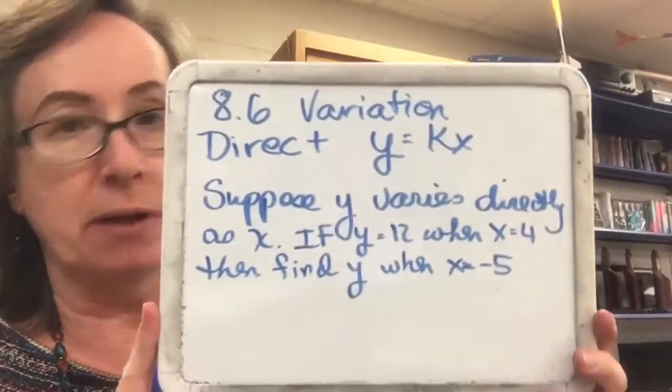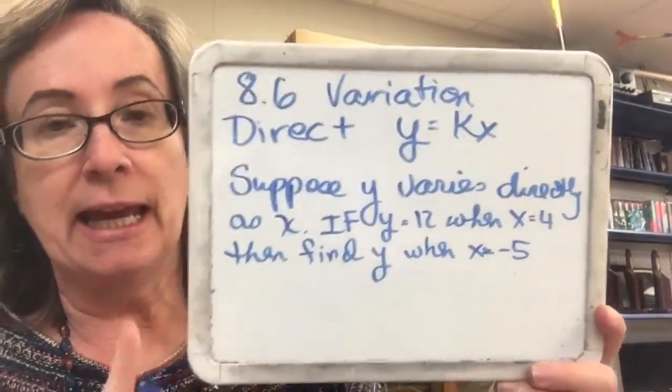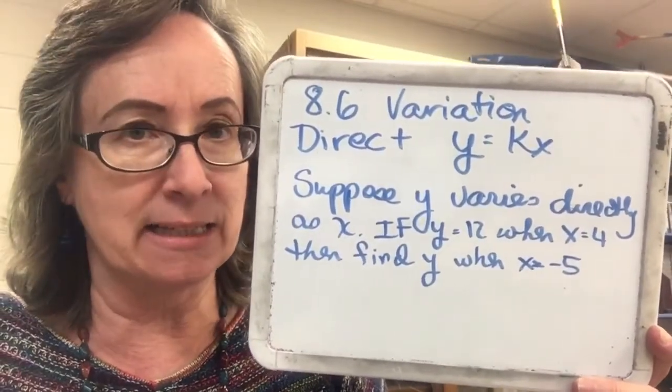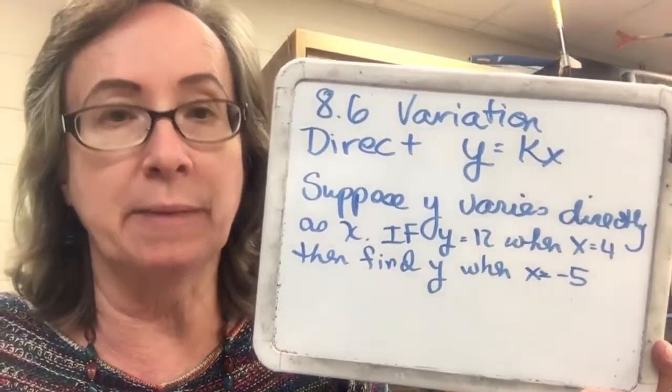So a good example of direct variation is something like gas and distance, or time and distance.